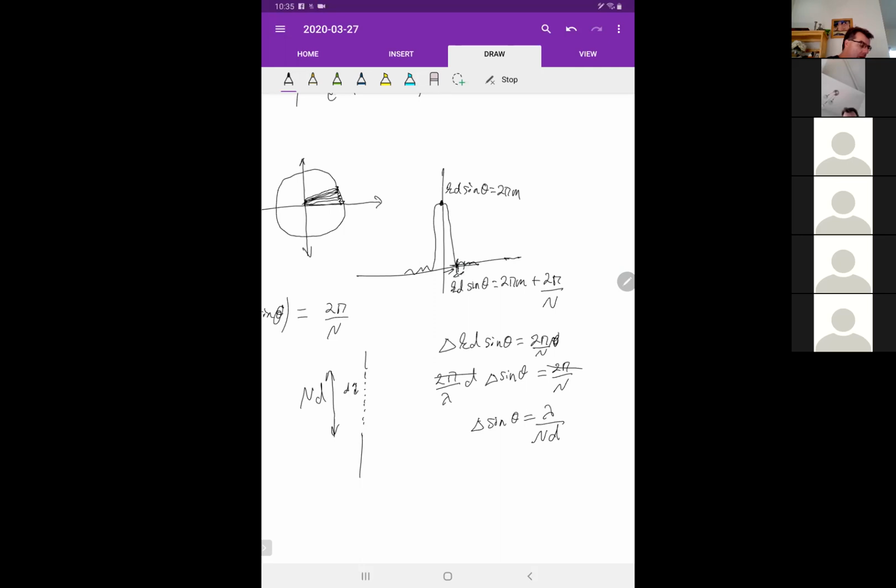The spacing between a peak and the first ripple, and between the first ripple and the second ripple, and the second ripple and the third, and so forth, that's inversely proportional to nd, which is the top to bottom spacing. All right, so this is just another example of what we were discussing before.